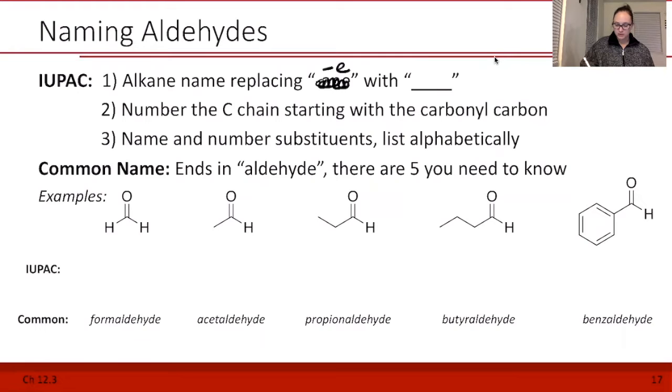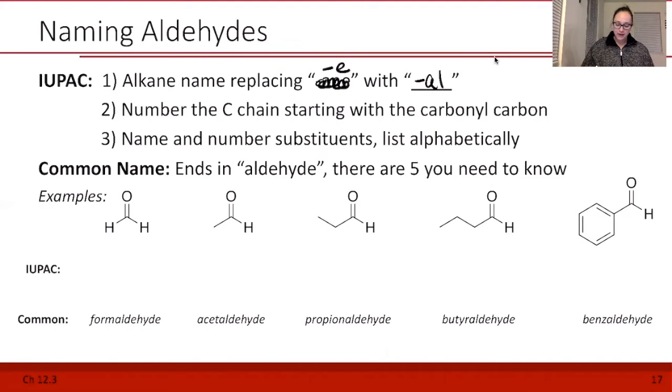I'm going to put a dash there to show it's the end, A-L. Then you number the carbon chain, starting with the carbonyl carbon, which is number 1. And then you name and number your other substituents, listing them alphabetically. So let's look at the IUPAC naming system for these molecules down here.